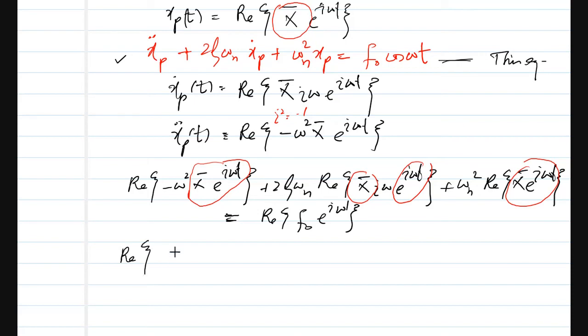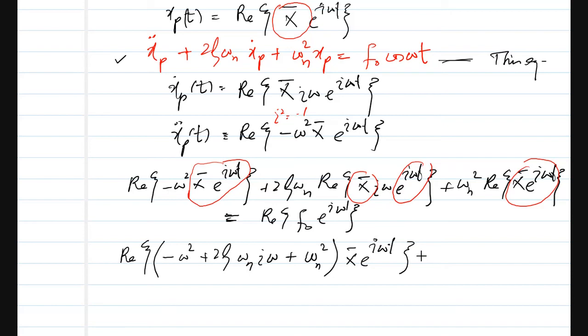So real part of minus omega square from here plus 2 zeta omega n from here, iota omega from here, plus omega n square, this is within the brackets, times x bar e iota omega t is equal to the real part of f naught e iota omega t. Clear?